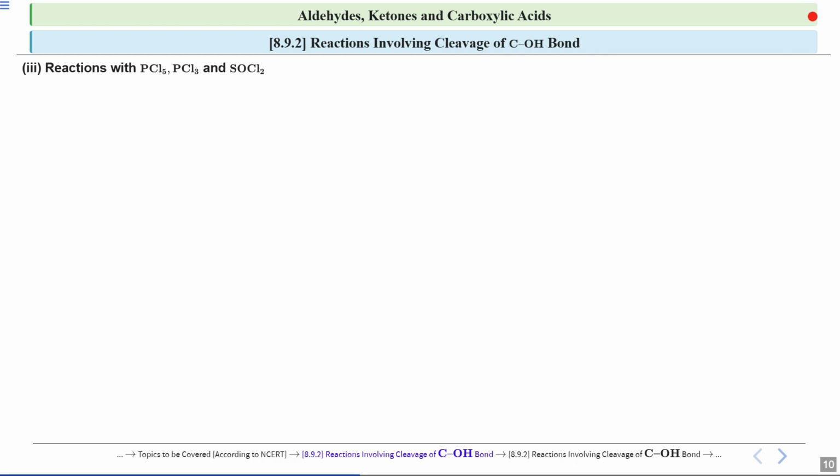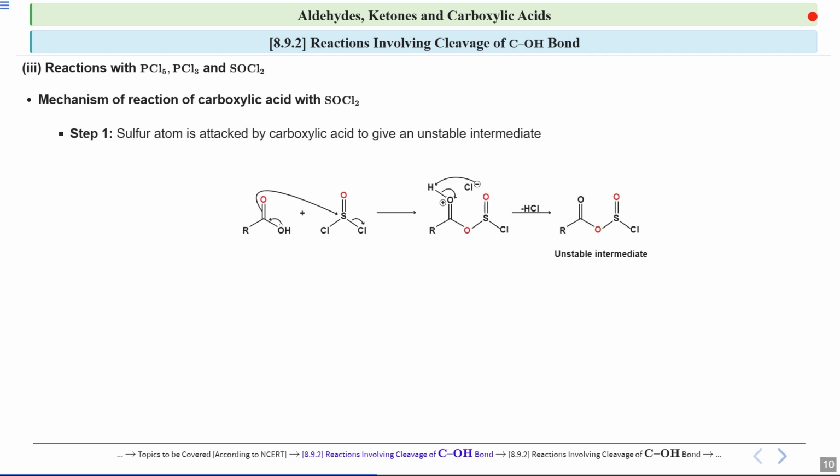Now, we are going to see the mechanism of the reaction of carboxylic acids with SOCl2. In step 1, the sulfur atom of SOCl2 is attacked by the carboxylic acid, which forms an unstable intermediate. If you see over here, this sulfur is quite electrophilic because it is connected to two highly electronegative chlorine atoms.